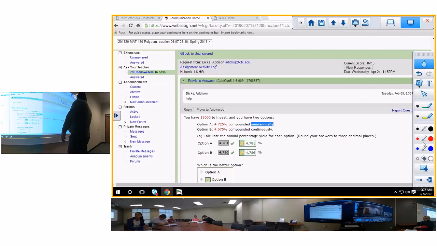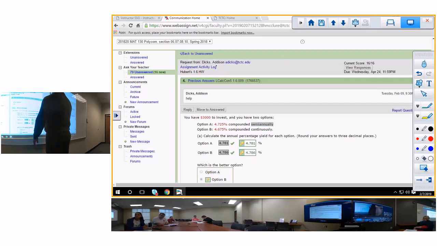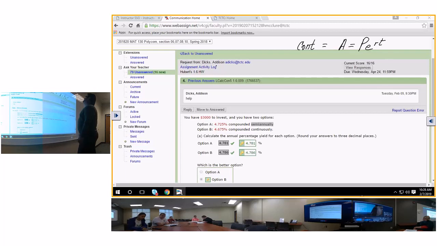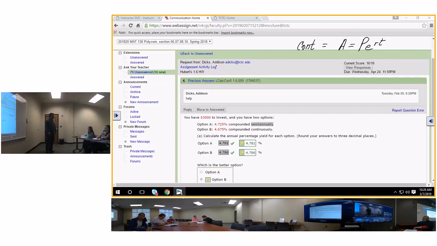All right, so here we go. Continuous is A equals Pe^(rt), P-E to the RT power.